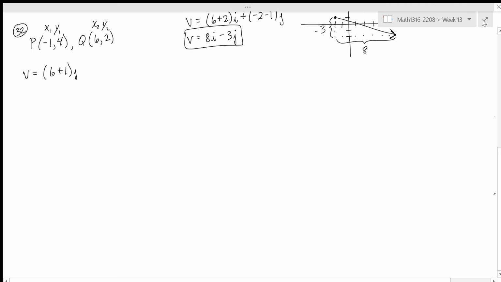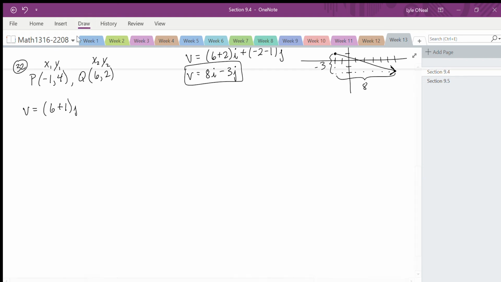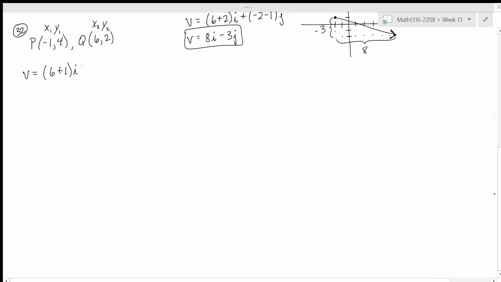Oh, and I made that a j. Oh my gosh, I got carried away. That is an i, plus y2 minus. There's my j. Everybody okay with that?